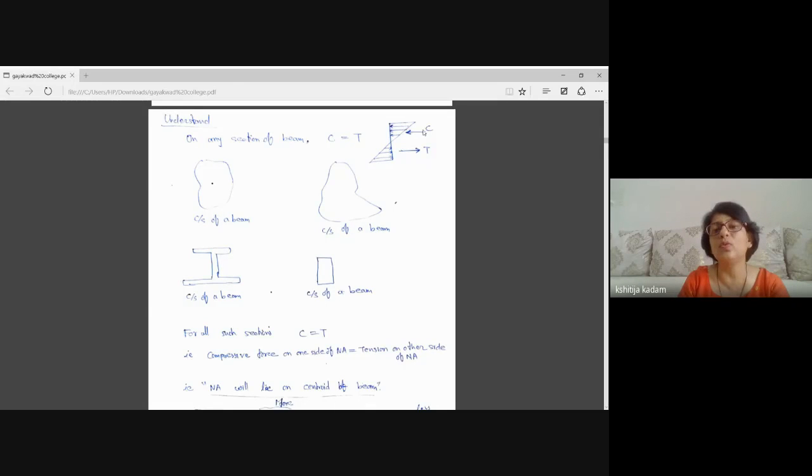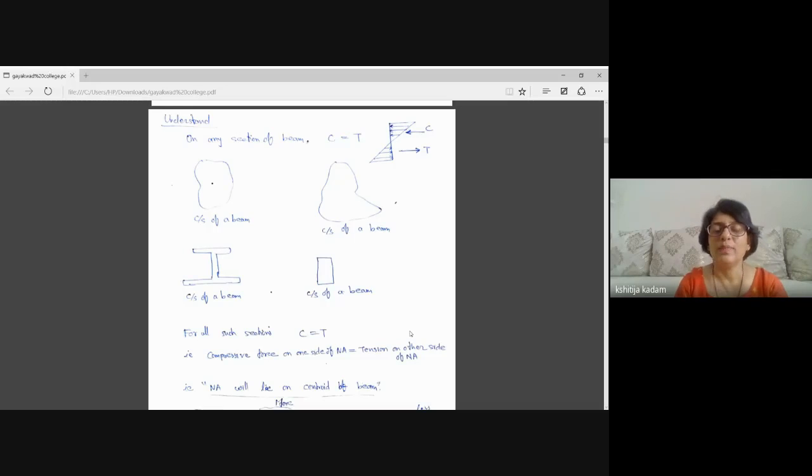So stress can be converted into force by multiplication with area. So all these compressive stresses will cause a compressive force C, and all these tensile stresses will cause a tensile force T. And this C has to be equal to T because the beam is in equilibrium.